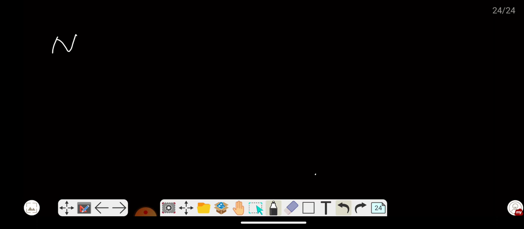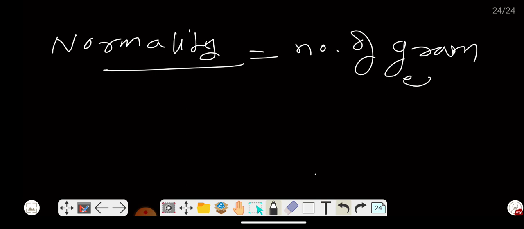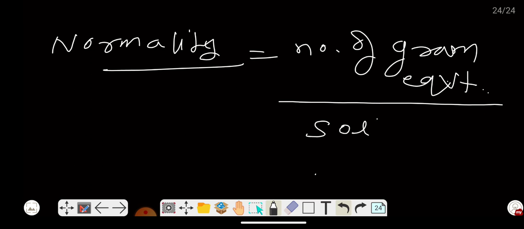Now another term comes, normality. What will be the normality? It is equal to the number of gram equivalents upon the solution in liters.